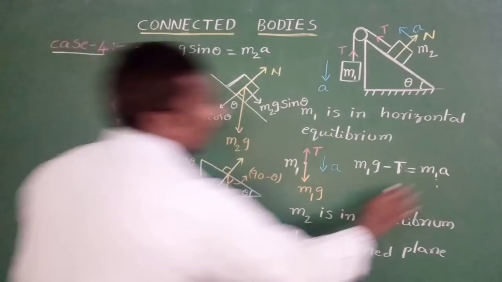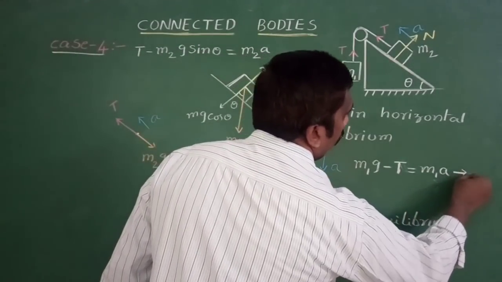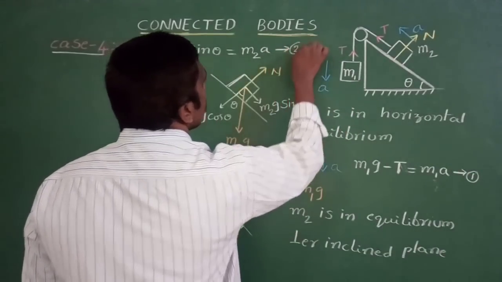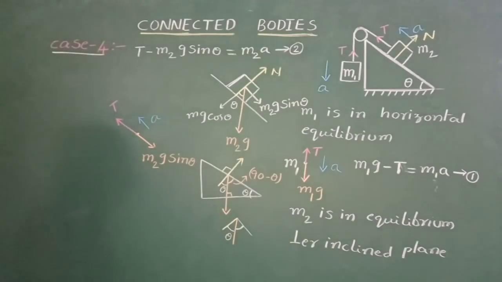Say this is equation 1 and this is equation 2. By simplifying these two equations, we can find acceleration and tension.